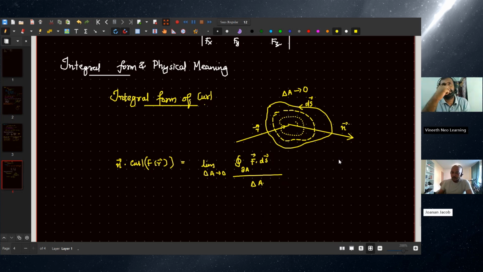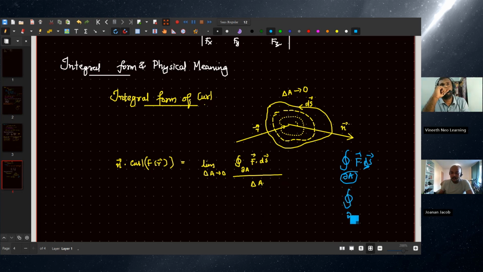If I write the closed integral over del delta A of f dot ds, it means the area enclosed by this loop ds. This is standard.